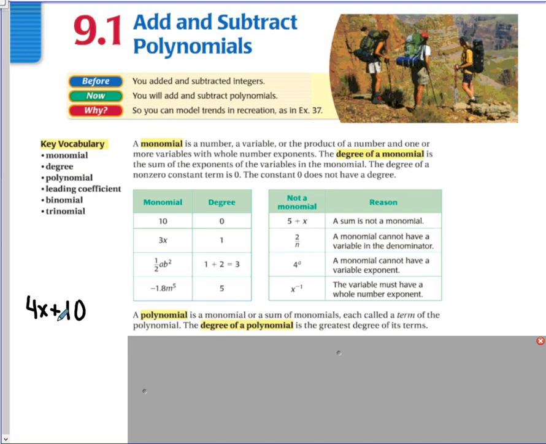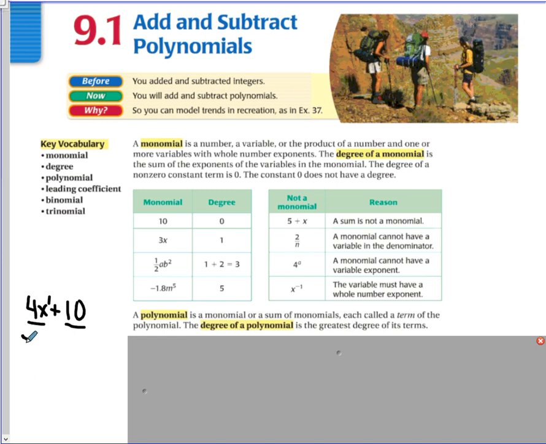We're adding it, we're finding the sum, and then the 4x would be a term and the 10 would be a term, okay? And then the degree of the polynomial is the greatest degree of its terms. So in 4x plus 10, the greatest degree I have is 1 because this x has a 1. So the greatest degree would be 1, okay?